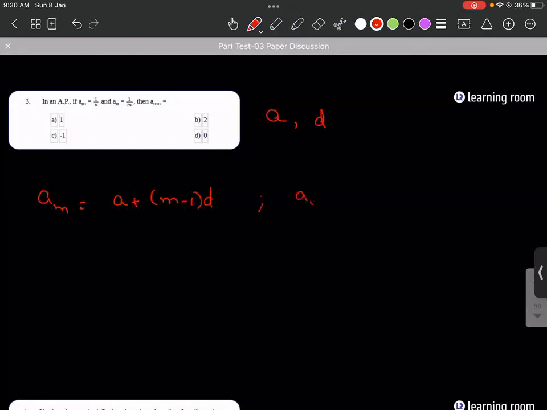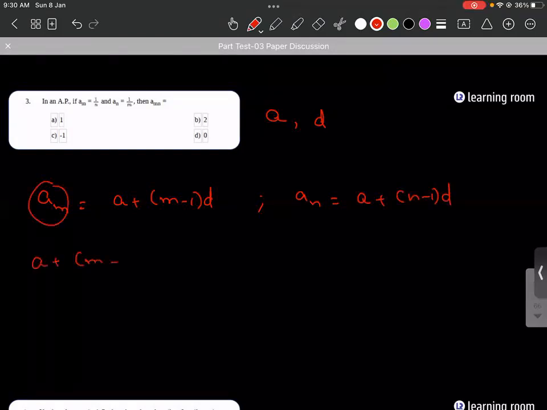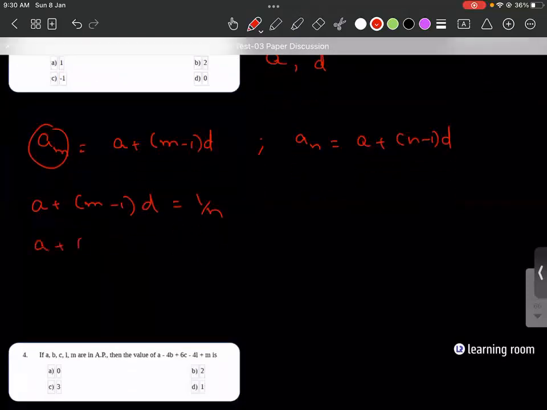Right? AN is A plus N minus 1 into D. So AM is 1 by N: A plus M minus 1 into D is 1 by N. And A plus N minus 1 into D is 1 by M. Am I right? Yes, sir.